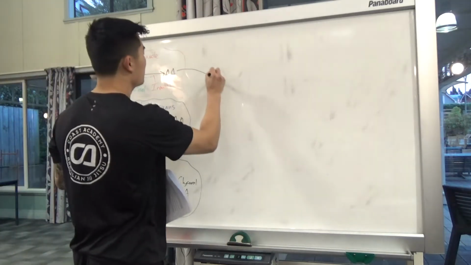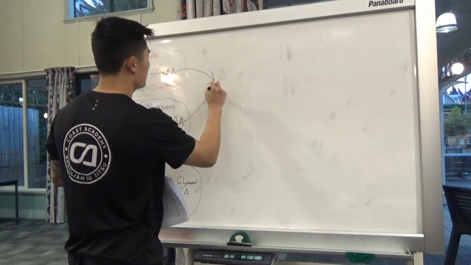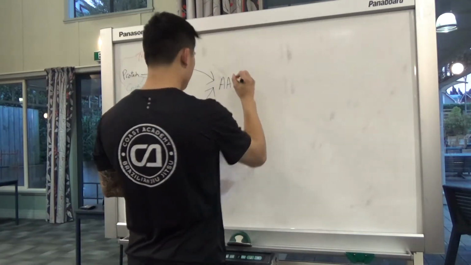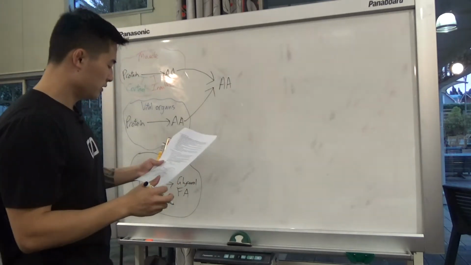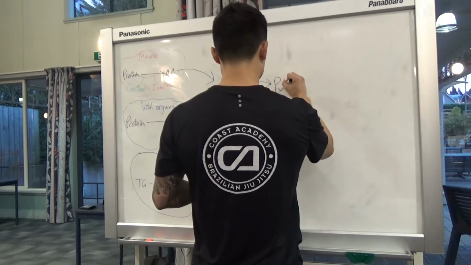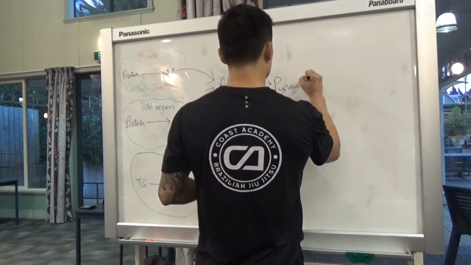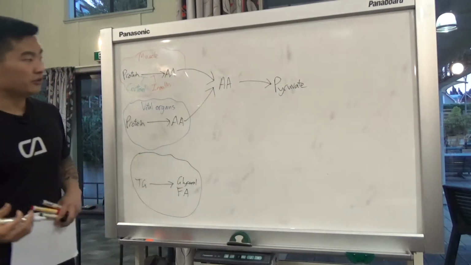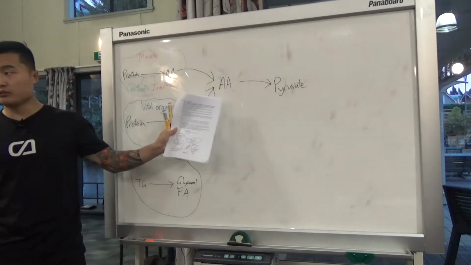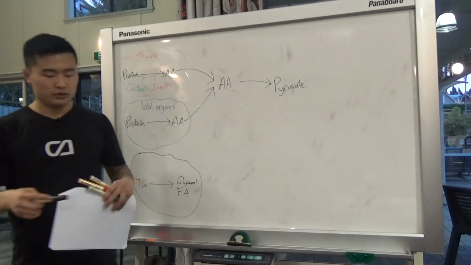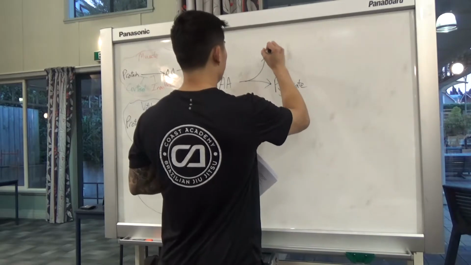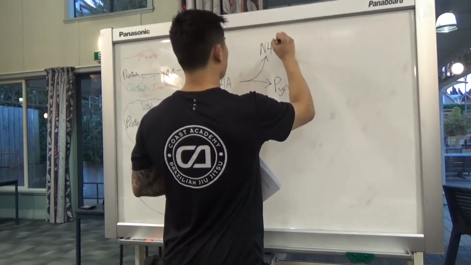So these amino acids will go to the liver, and they'll be turned into pyruvate, right? So remember that amino acids have an amino group on them. So we need to take those amino groups off.